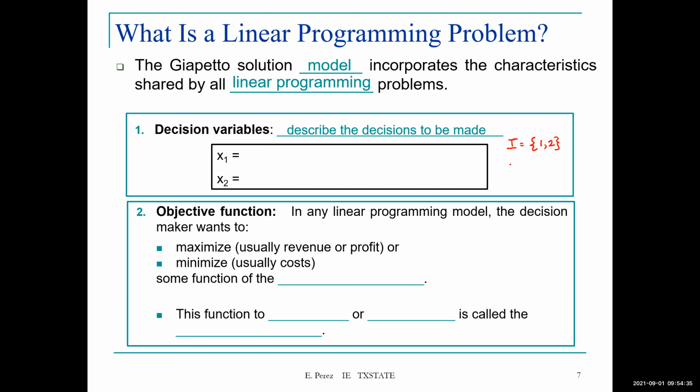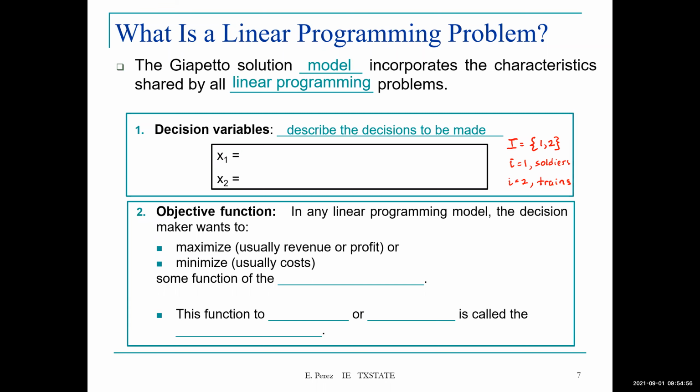I equals 1 is going to represent the soldiers, and I equals 2 is going to represent the trains. So that's why I have X1 and X2.